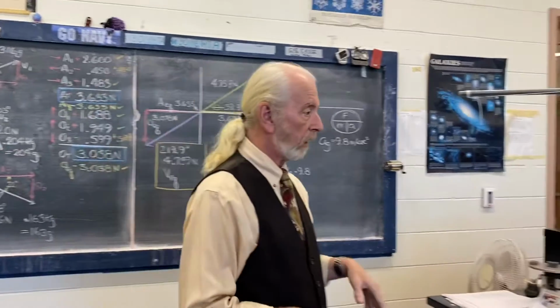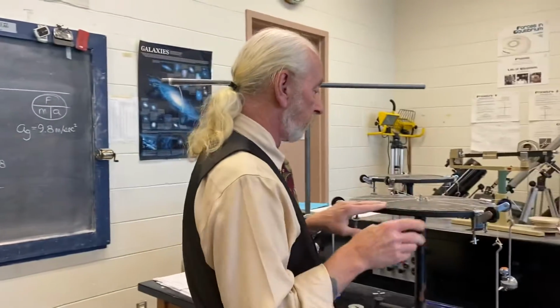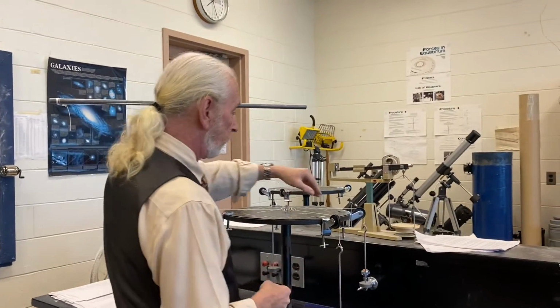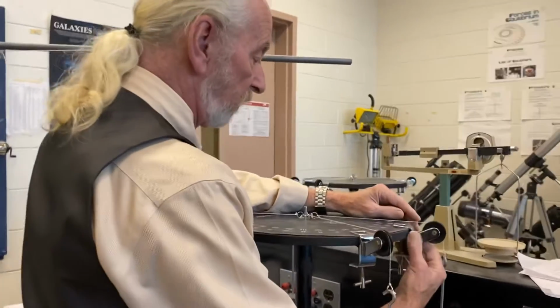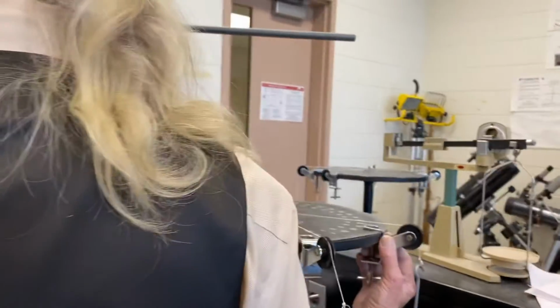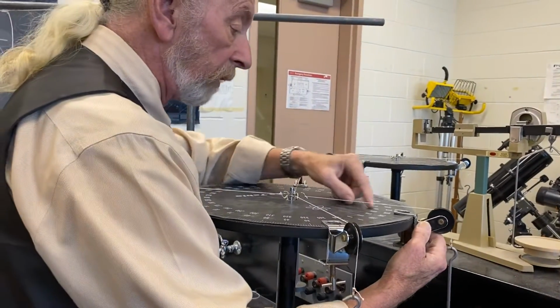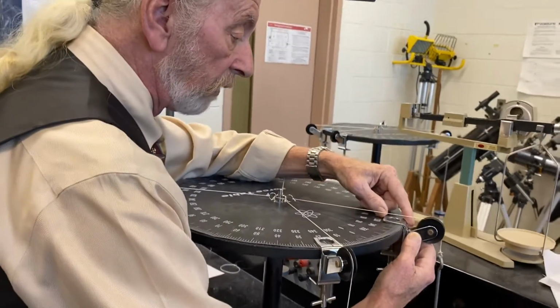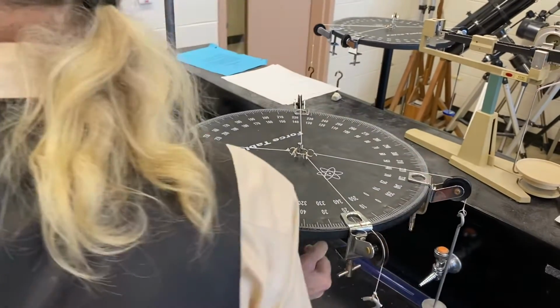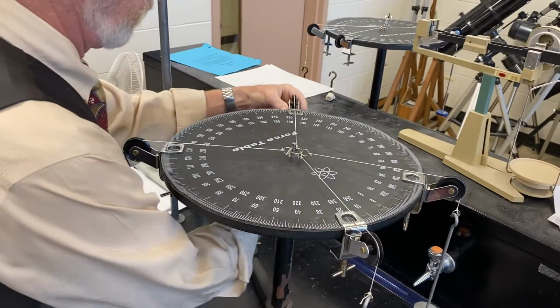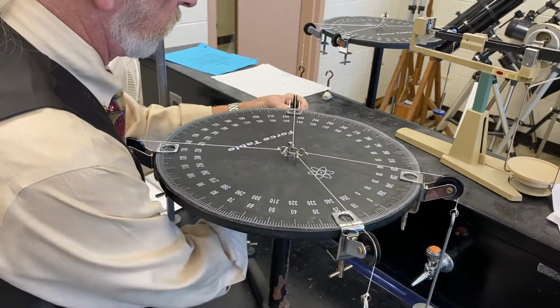So now I'm going to see if I can duplicate this system. So let's come over here and get an up close look at how this goes. The first vector, vector 1, is at 33 degrees. So I'll set that up right here at 33 degrees. And the next vector is 103 degrees using the inner scale.